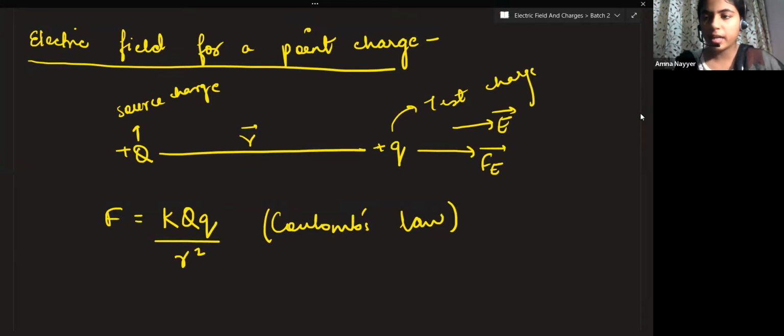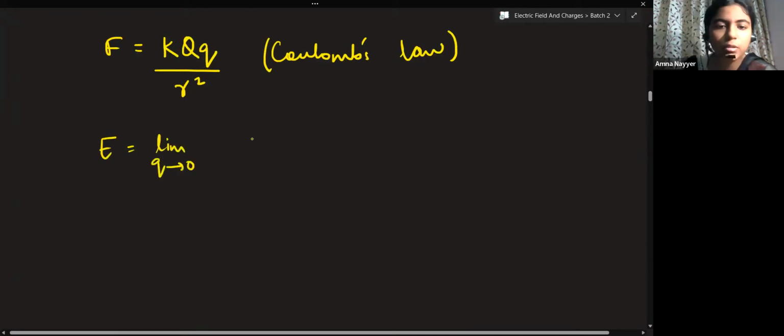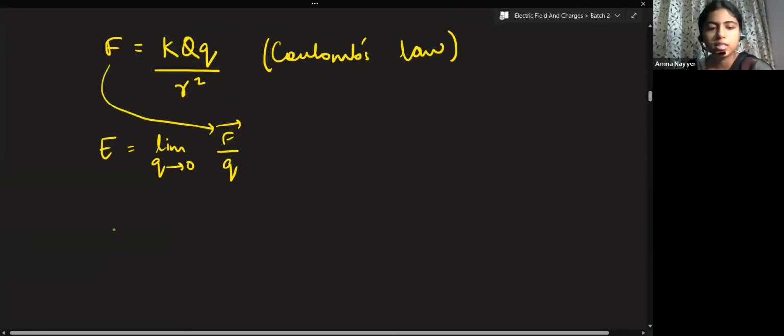Now see one relation that we have seen. Let's write it in terms of limitation only. Electric field is the limit q tends to 0 of force by charge. Now if you put the formula of force into this, electric field will be equal to what?